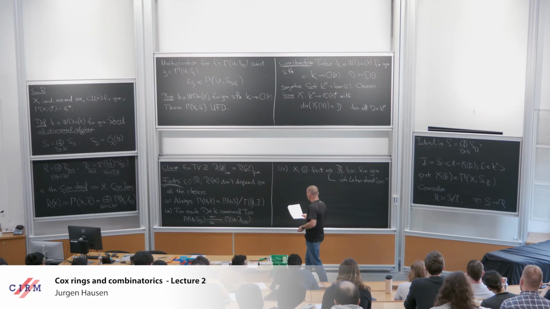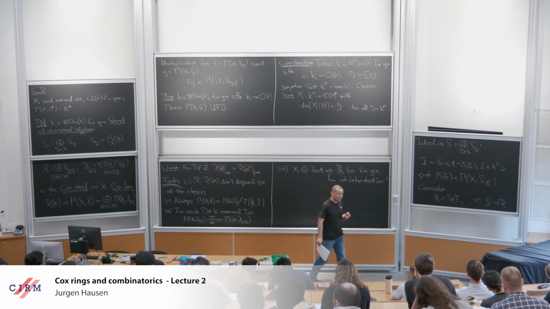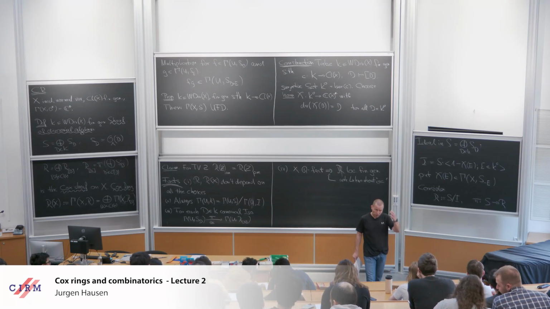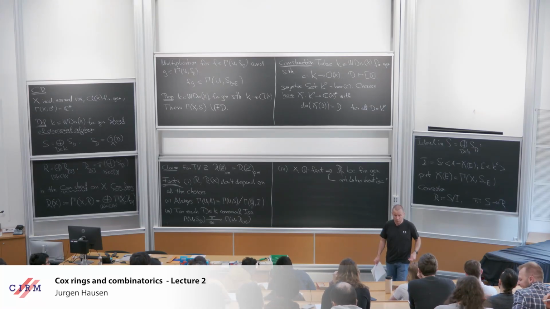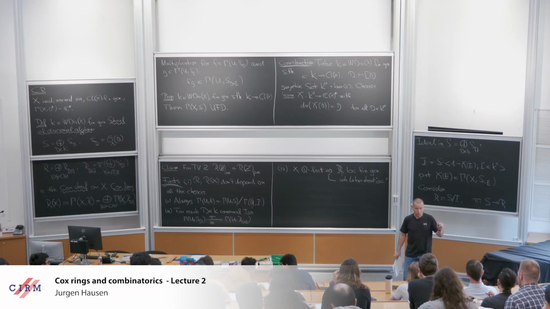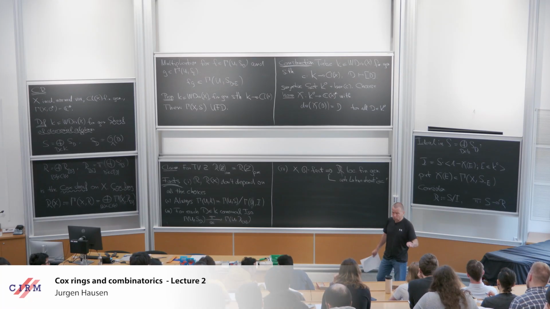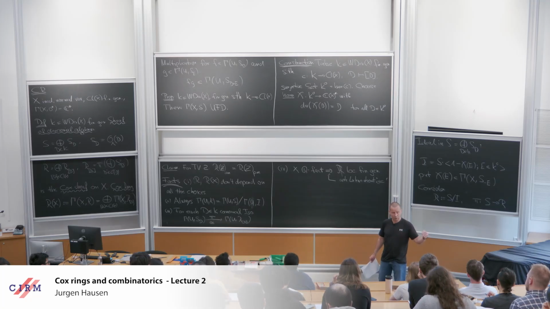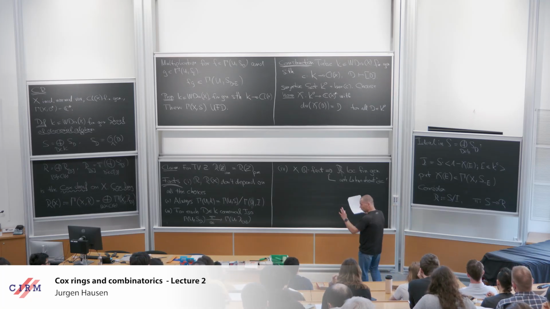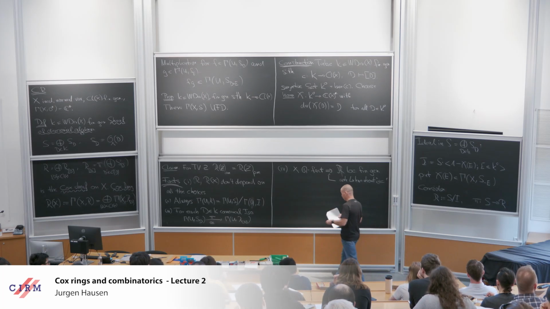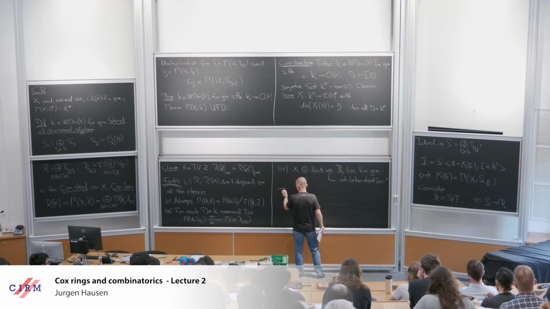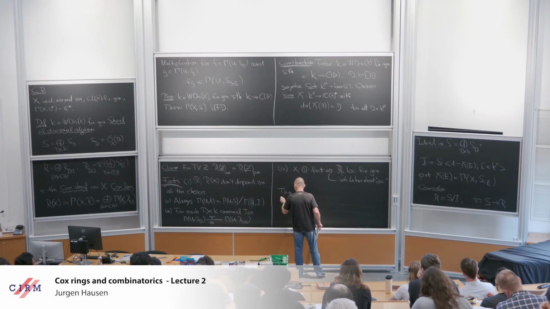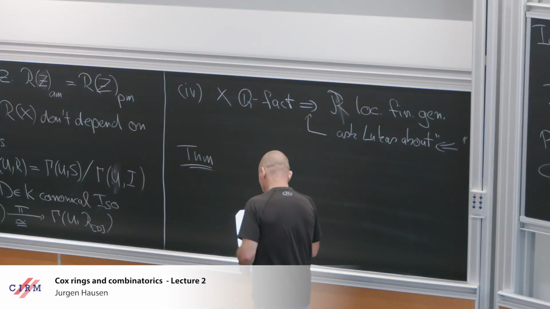Okay, so now that we have the Cox ring, I'm going to present a collection of properties of this. Although they have to be proven, the proofs are sometimes a bit longer, so we want to get an overview over the properties.